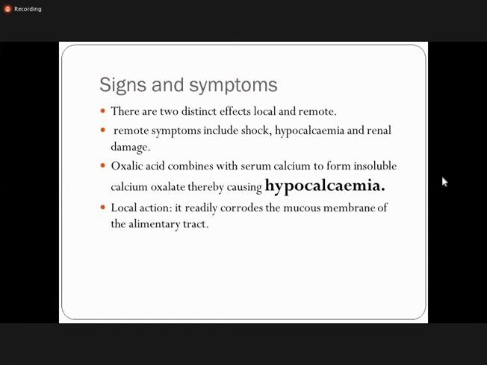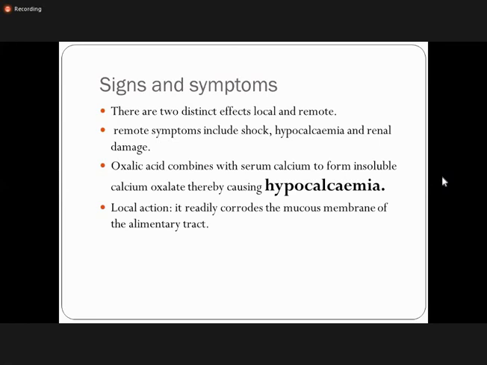It's going to bind to all of the serum calcium that we have freely available. And what happens after that is you're going to see all of the signs of hypocalcemia. And don't forget renal damage and shock as well. It's going to produce shock, and it's going to produce renal damage because of the oxalates that are being formed with calcium.